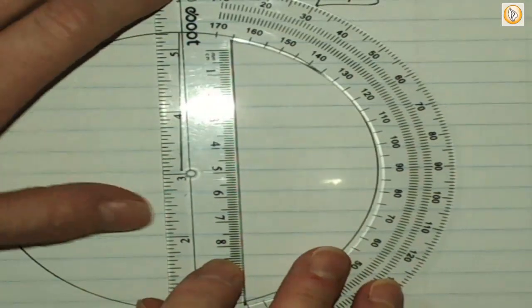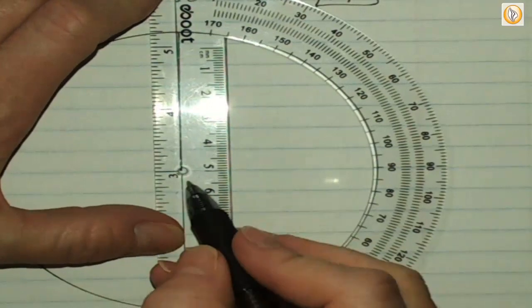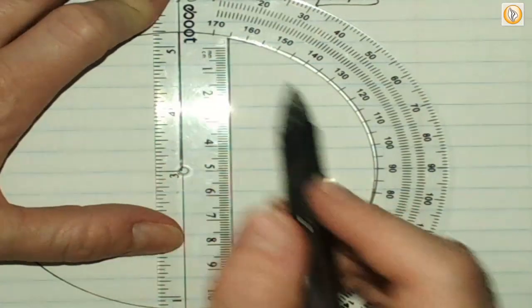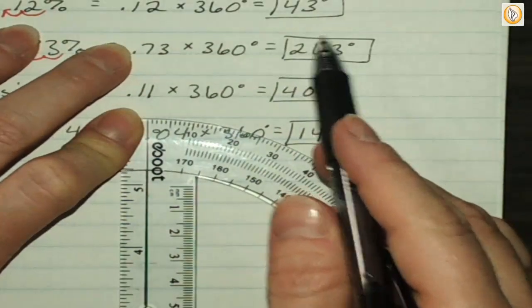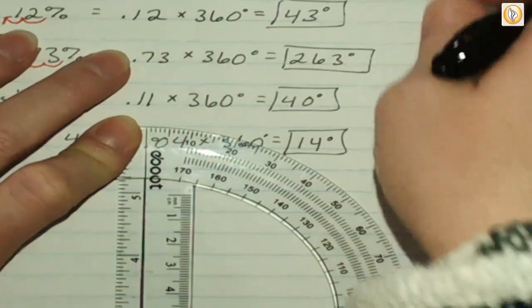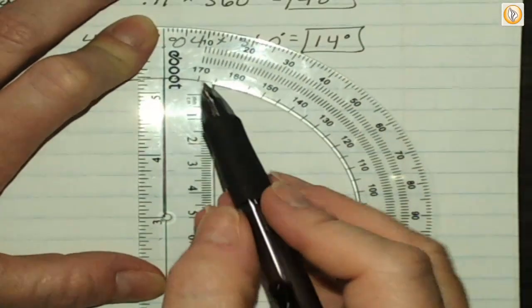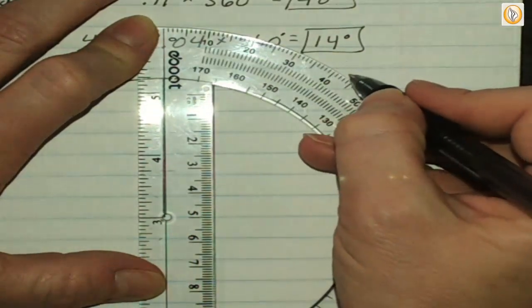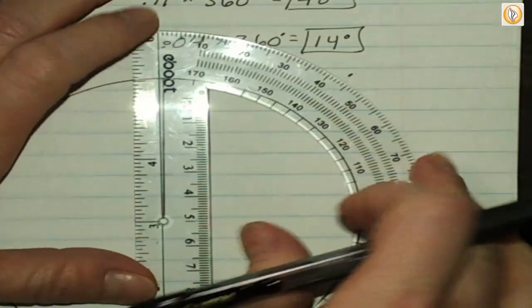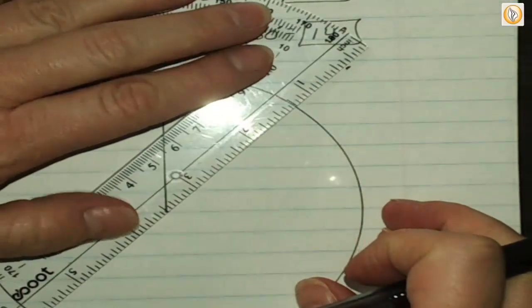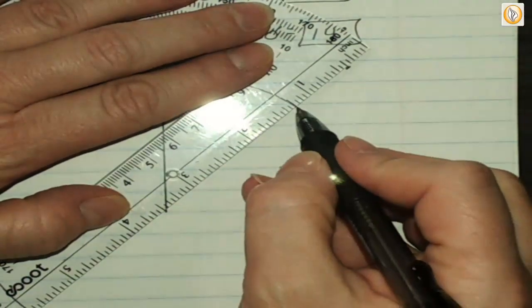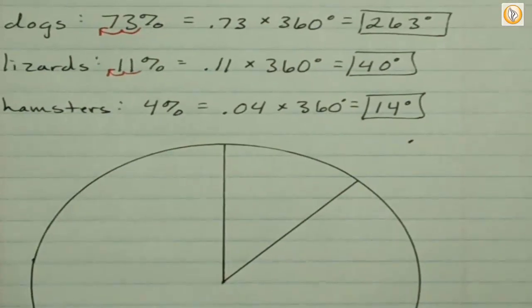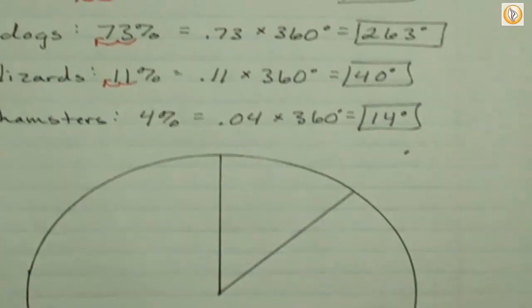I'm going to put that dot right over that point, line it up, and then I'm looking for 43 degrees. So I start right here, 10, 20, 30, 40, 41, 42, 43, and look, I'm putting a little notch right here. And then I'm drawing just to the end of the circle. Now you can continue.